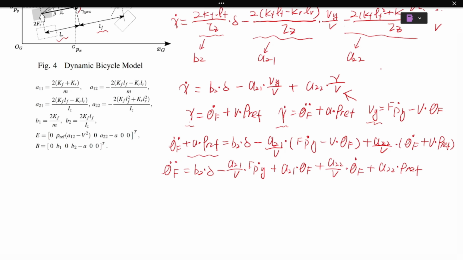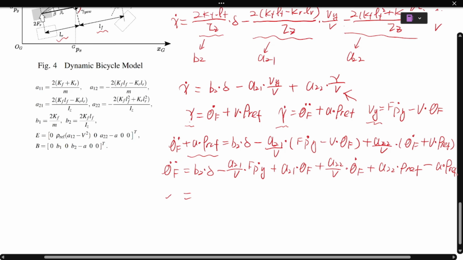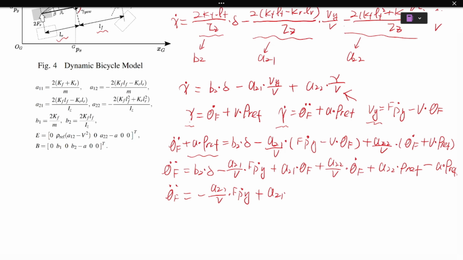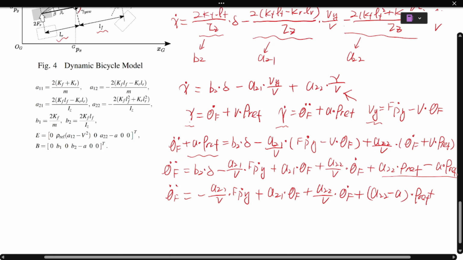And don't forget minus A times rho REF. So the equation theta f double dot equals A21 over V times fpy dot plus A21 times theta f plus A22 over V times theta f dot plus, put it together, A22 minus A times rho REF and plus this B2 times delta.